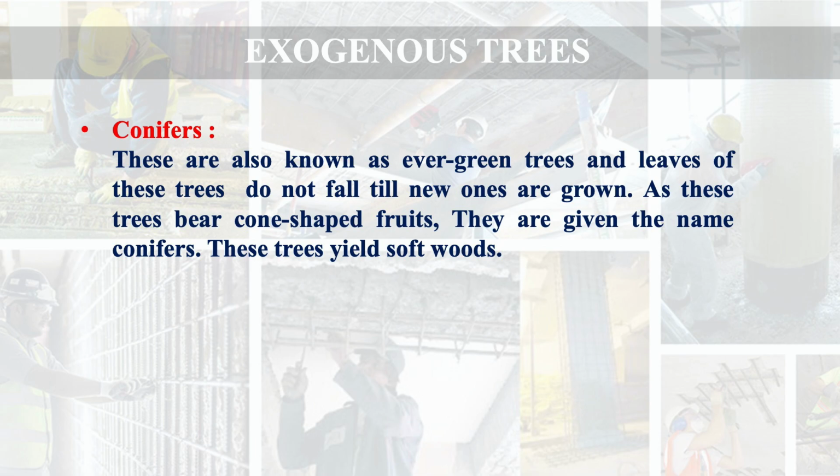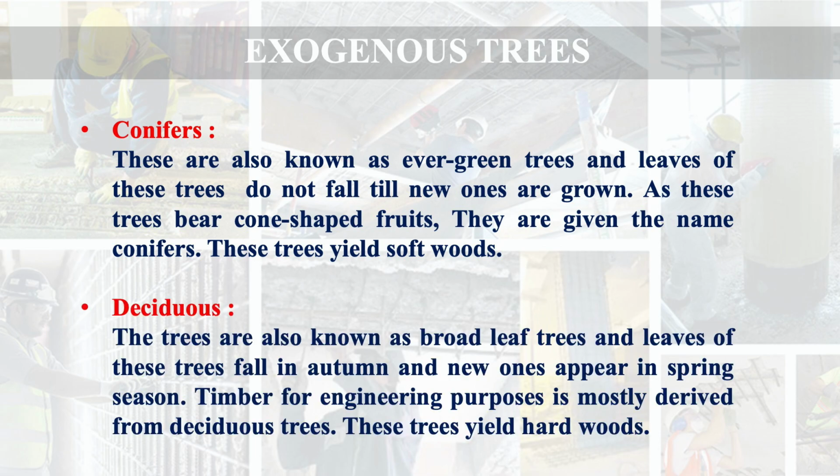These trees yield softwood. Then deciduous trees. These trees are also known as broadleaf trees, and leaves of these trees fall in autumn and new ones appear in the spring season. Timber for engineering purposes is mostly derived from deciduous trees. These trees yield hardwood.